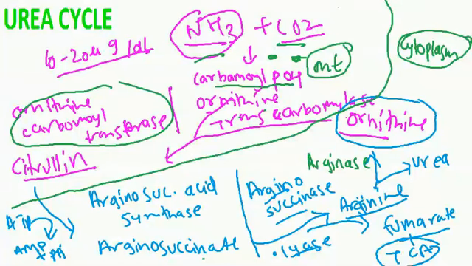Everything right now is in mitochondria. Then the reaction proceeds to arginosuccinate, and arginosuccinic acid synthase is the enzyme. 1 ATP is consumed. Then we proceed to arginine and fumarate, and the enzyme here is arginosuccinase or lyase. This fumarate links the urea cycle to the TCA cycle, and from arginine we have ornithine and urea.